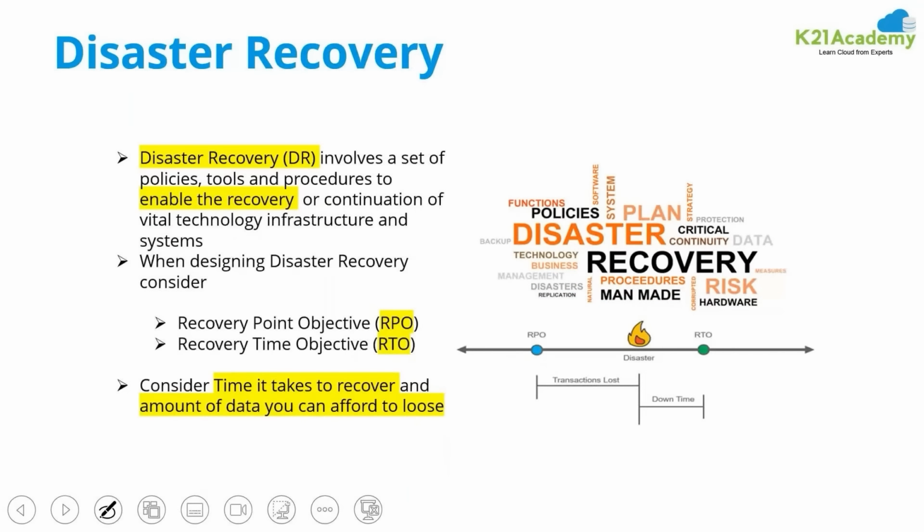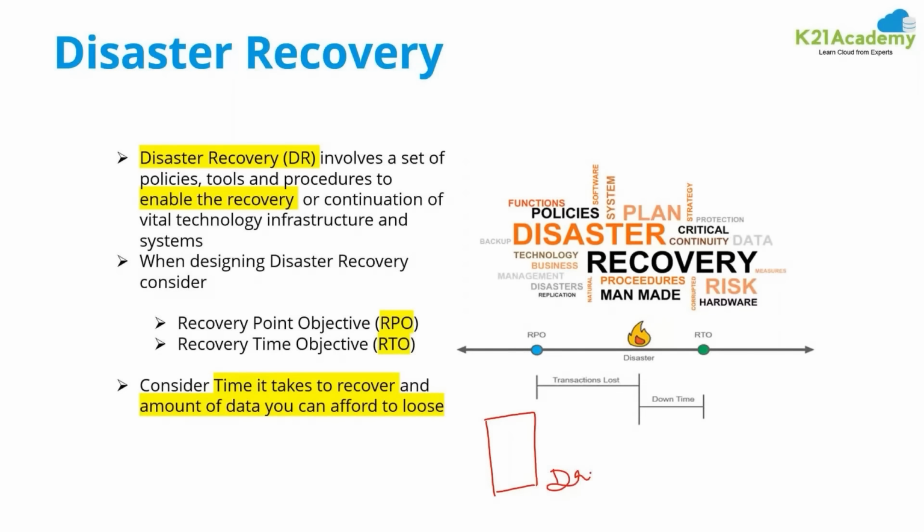Disaster recovery means, as I said, that when there is a data center created by you which was having everything deployed perfectly, but if any disaster occurs like fire, flood, earthquake, political unrest, it could be anything, any disaster may happen.